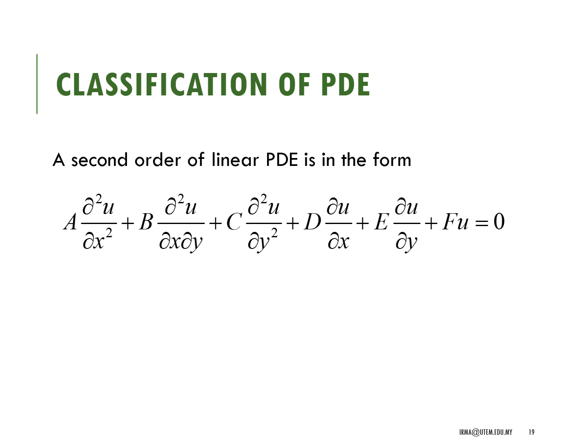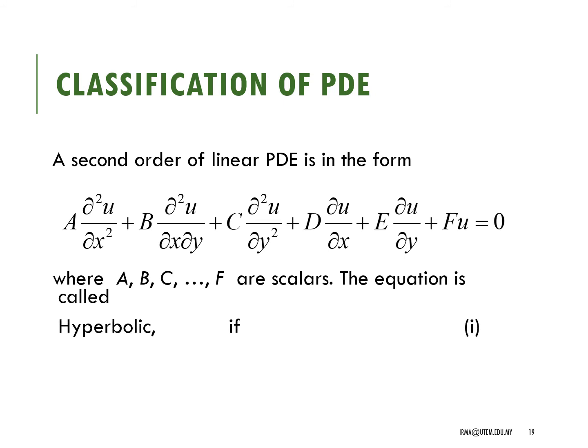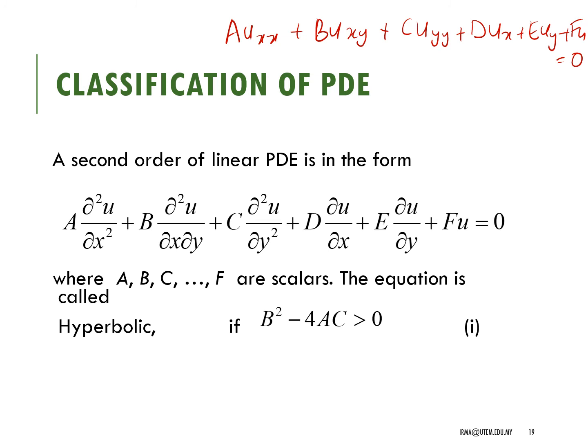This is just the standard form of second order linear PDE, or we can write as A uxx plus B uxy plus C uyy plus D ux plus E uy plus F u equal to 0. So this is homogeneous.